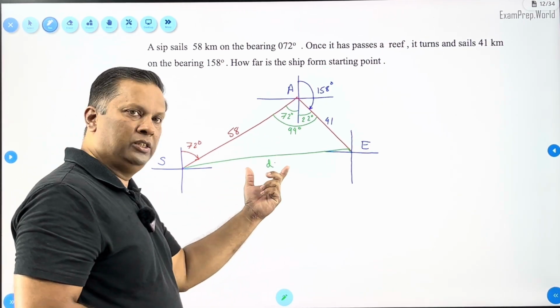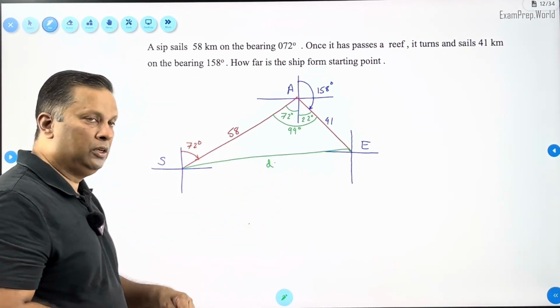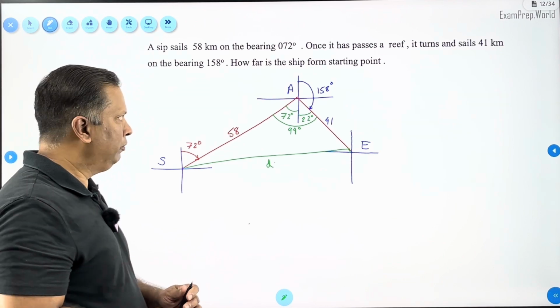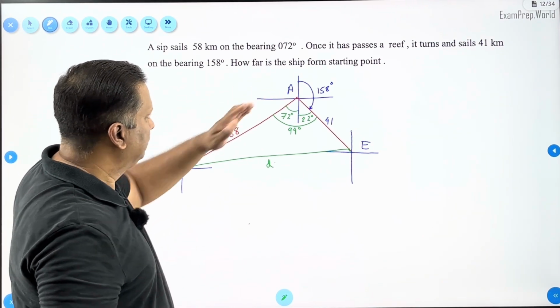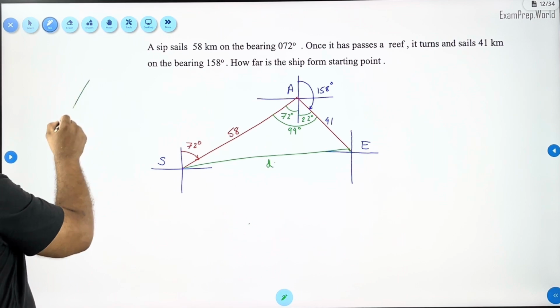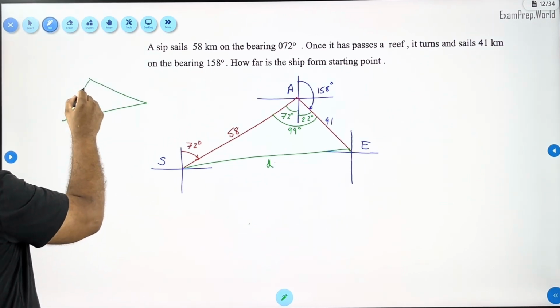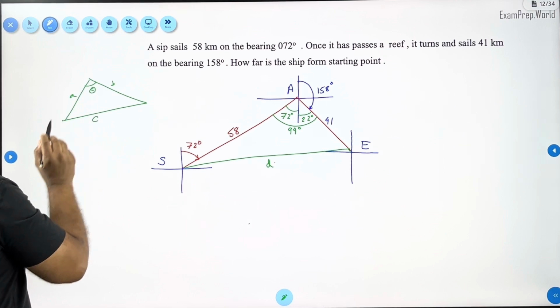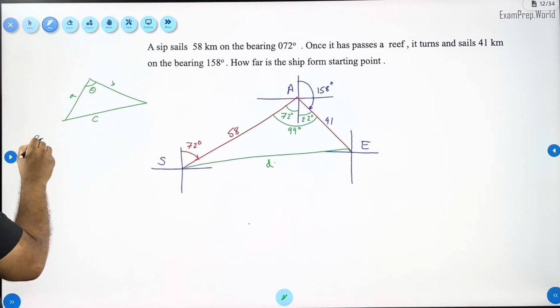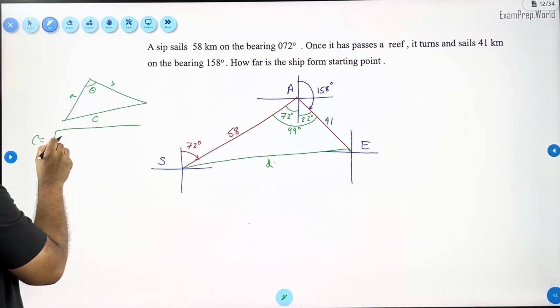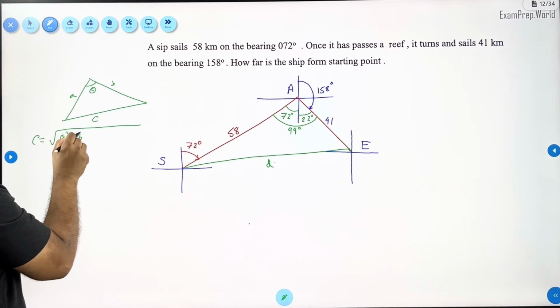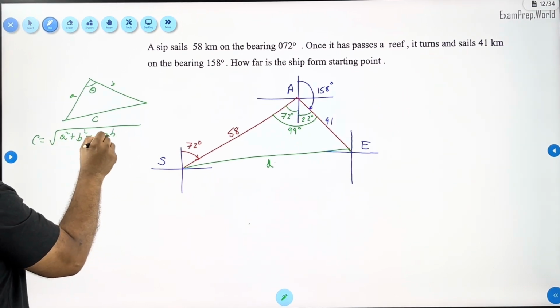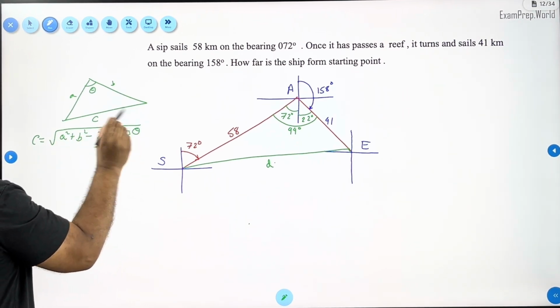Now how to find the distance? Go to the cos rule, the cosine rule we call it. I will redo the cosine rule for you. If this is theta, this is A, this is B, this is C, then C will be equal to the root of A squared plus B squared minus 2AB cos theta.